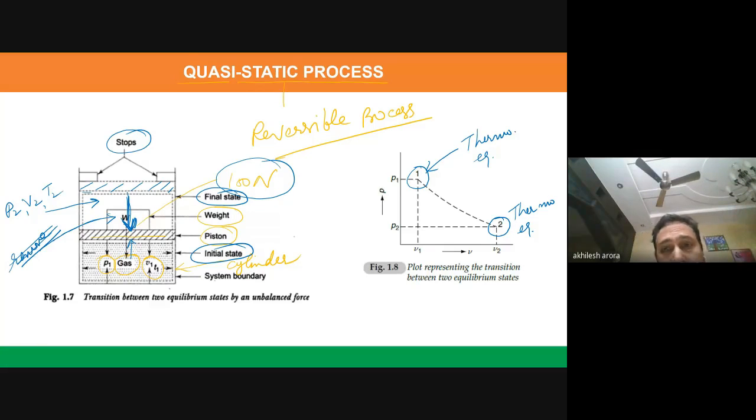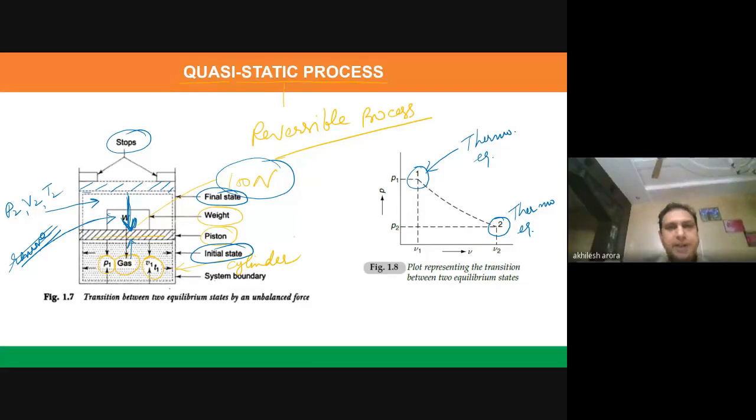So both these states are in thermodynamic equilibrium. But what can you say about the intermediate states? There are an infinite number of intermediate states between 1 and 2, but only state number 1 and state number 2 are thermodynamic equilibrium states.